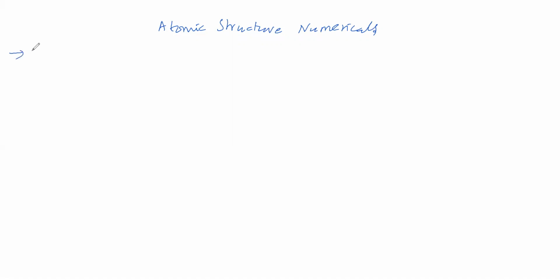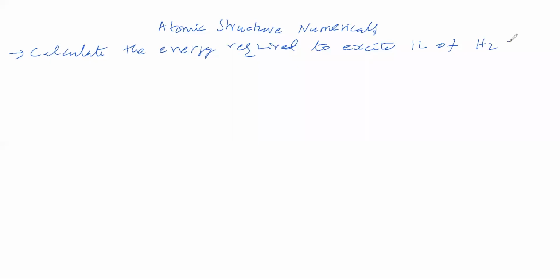Calculate the energy required to excite 1 liter of hydrogen gas at 1 atmosphere and 298 Kelvin to the first excited state of atomic hydrogen.